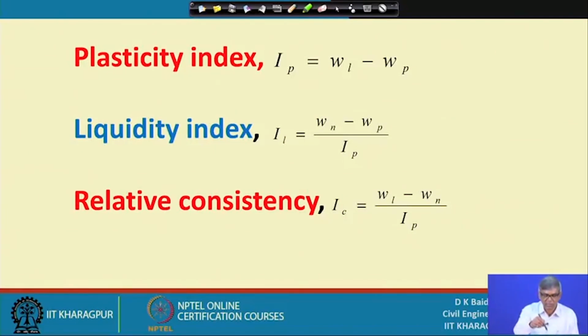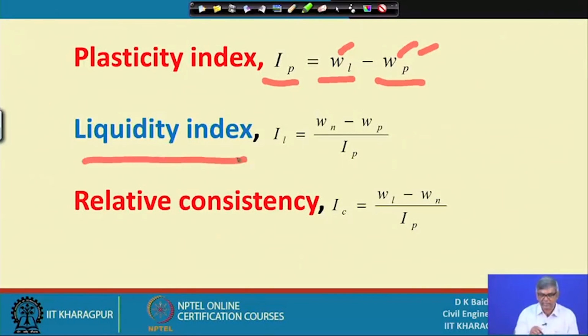These notations differ at different places. Sometimes we say WL, WP, sometimes LL, LP or PL, but here WL is the liquid limit and WP means the plastic limit. The difference of liquid limit and plastic limit is the plasticity index.